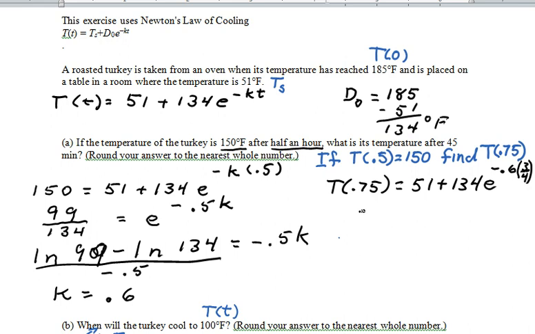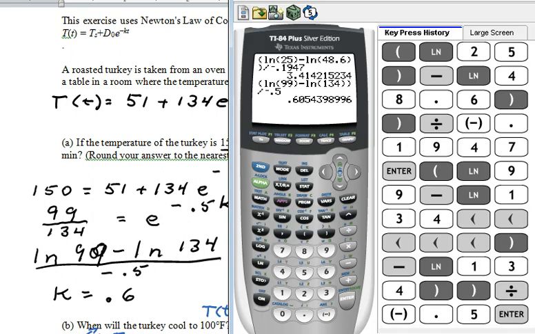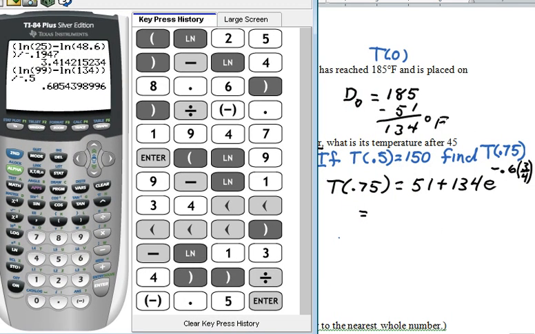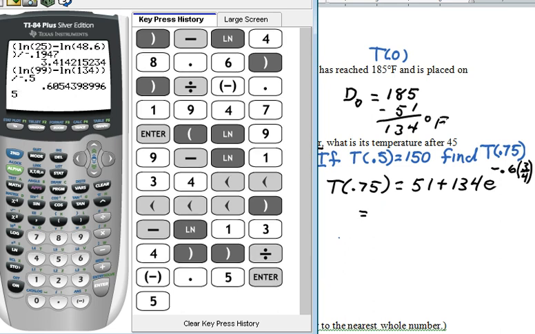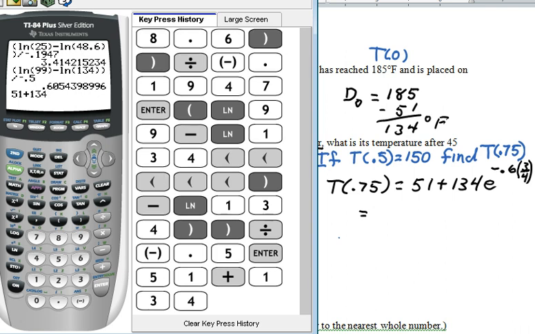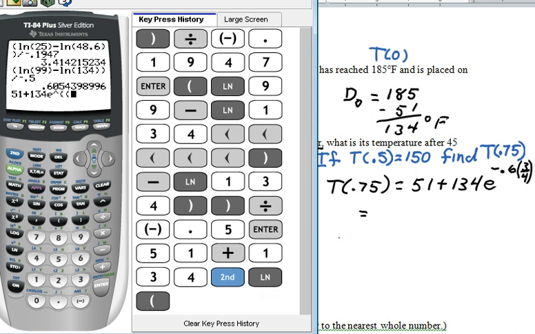And so we can use the calculator here and enter 51 plus 134 second natural log parenthesis. I'm sorry, those parentheses are already there.